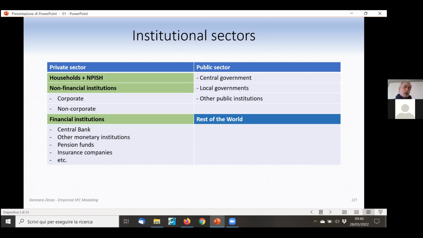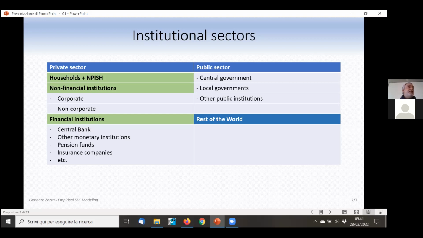Basically, I will go through the technicalities of what can be done with available data, but this is a standard distinction of the institutional sectors that should be available for any country which has started to produce this type of data. Now, we will go through that, but I think you already know that accounts of the institutional sectors are recommended in the Handbook of National Accounts. That is an international document published by the World Bank, the IMF, and the European Union, the Eurostat.